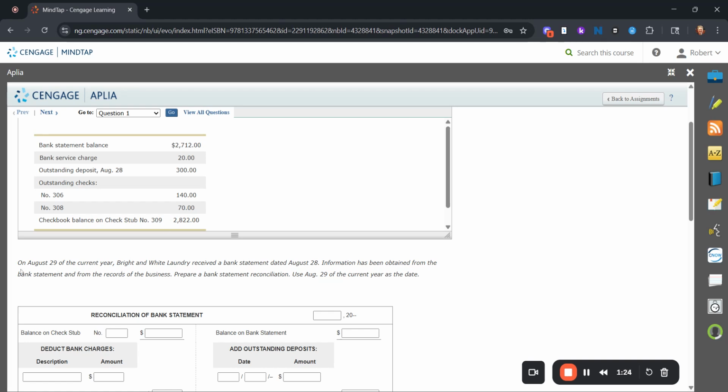In the directions here in the middle, on August 29th of the current year, Bright and White Laundry received a bank statement dated August 28th. Information has been obtained from the bank statement and from the records of the business. Prepare a bank statement reconciliation. Use August 29th of the current year as the date.